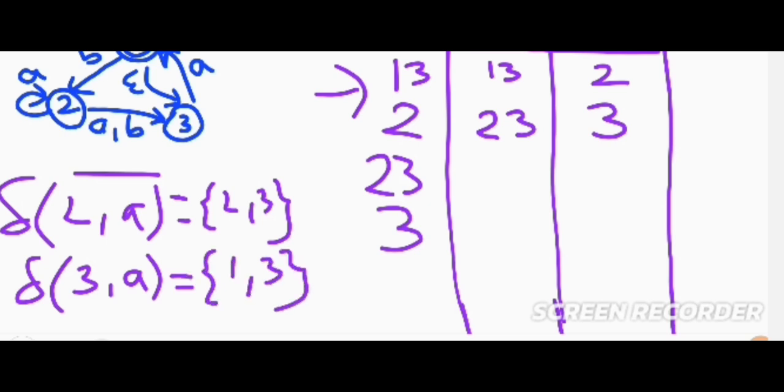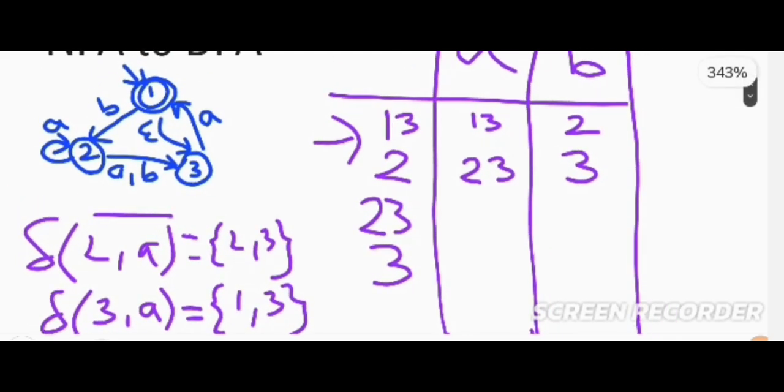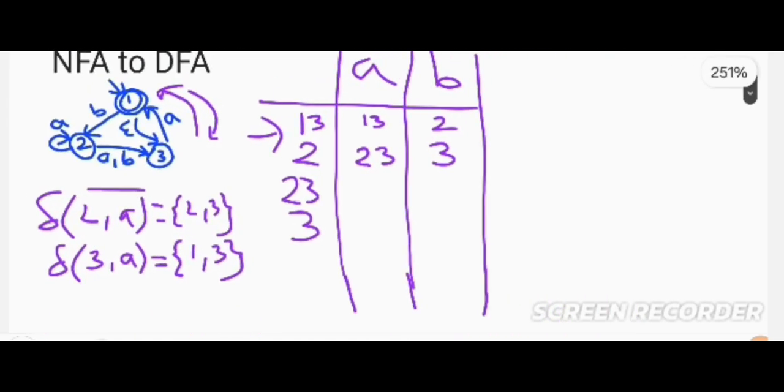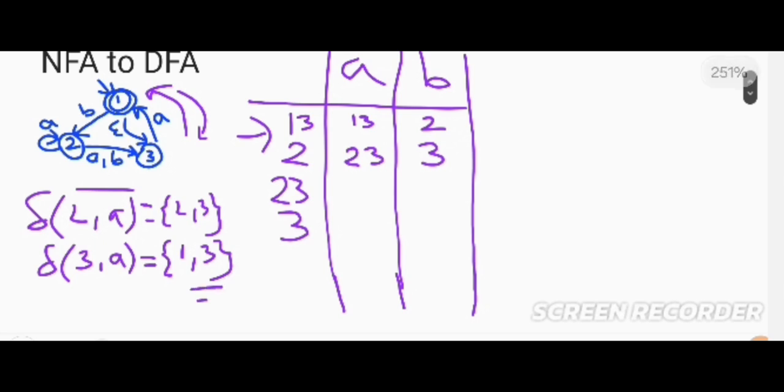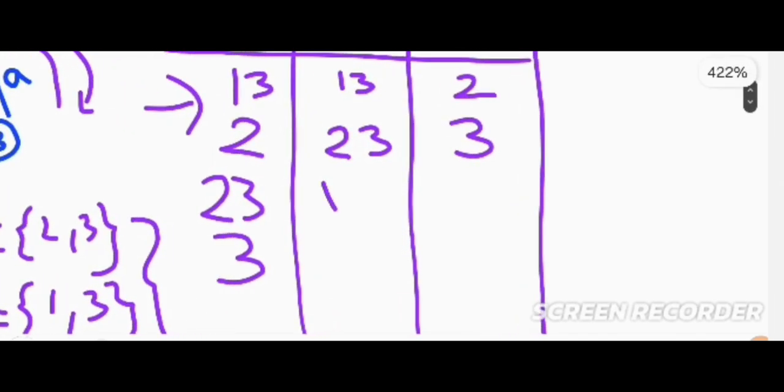Here we take the closure of 1, since we have an arc going to 1 and another one going back with epsilon, so we'll take 1, 3 together. And now we'll compute the union of these two sets, which will be 1, 2, 3. We'll write it simply here as 1, 2, 3.